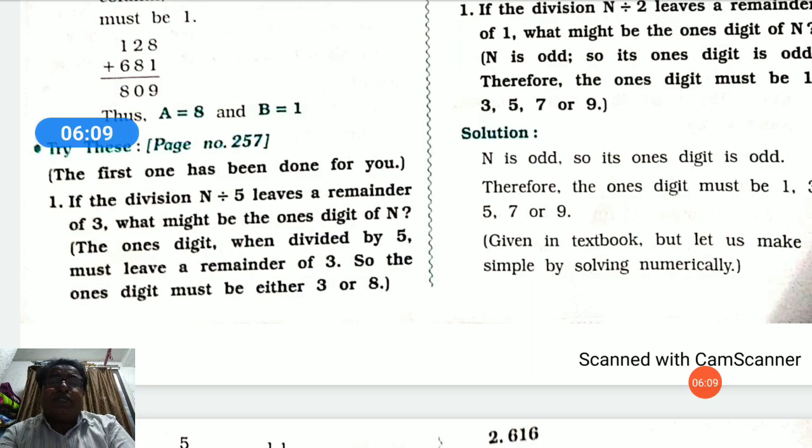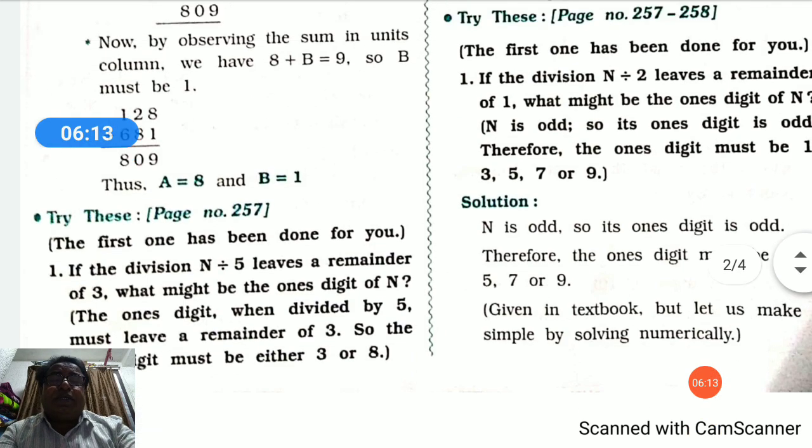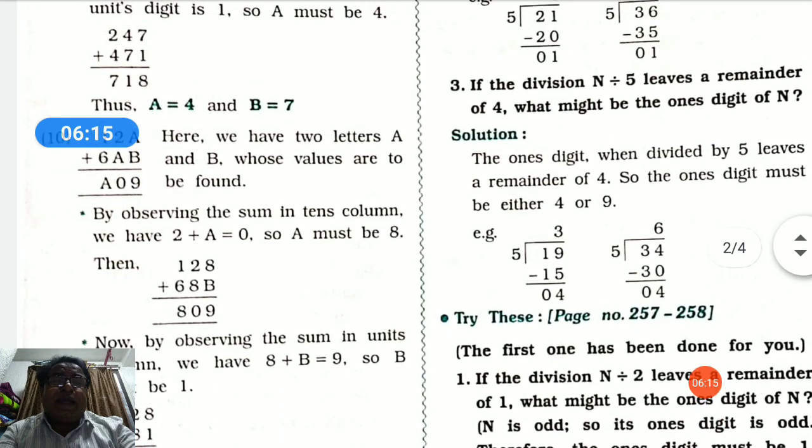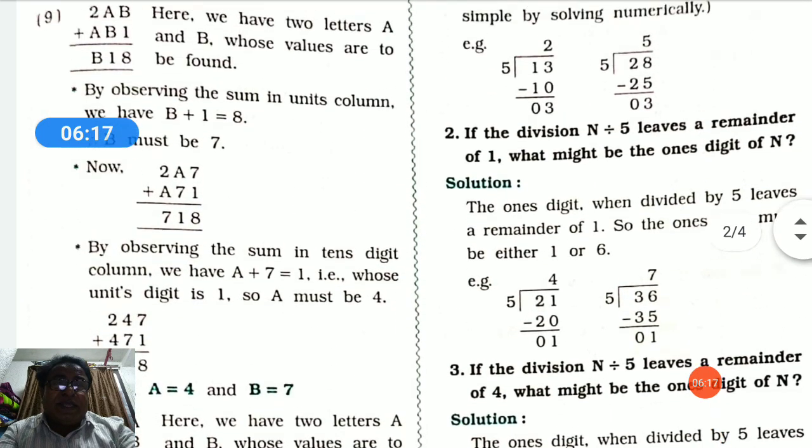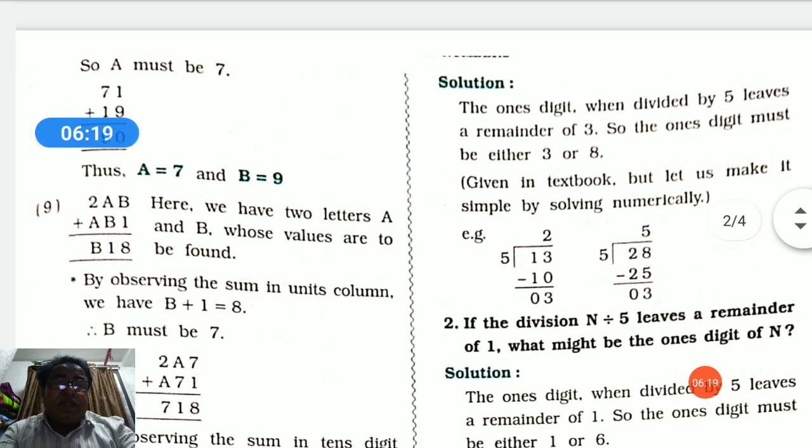So the ones digit must be either 3 और 8. ये रूट्स है, उसके एग्जाम्पल देखते हैं. The ones digit when divided by 5 leaves a remainder of 3. So the ones digit must be either 3 or 8.